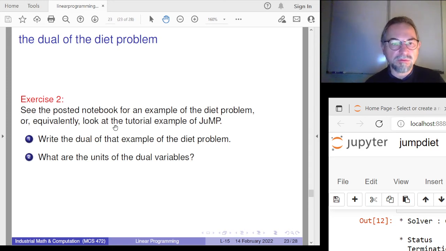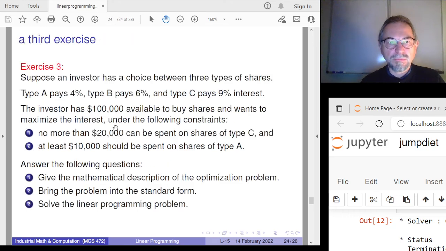These are then quantities. What are the units that you're going to use of the dual variables? How can you interpret the dual problem in this case here?